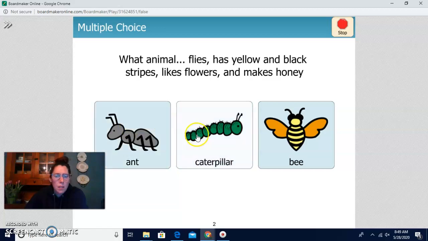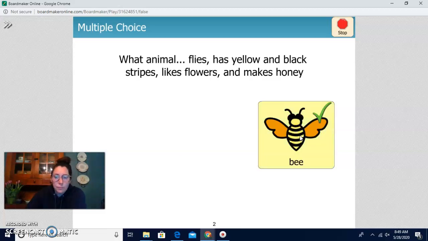No. Does a caterpillar? No. Does a bee? Yes, right? And we know it likes flowers and it does make honey. It's a bee. Good job.